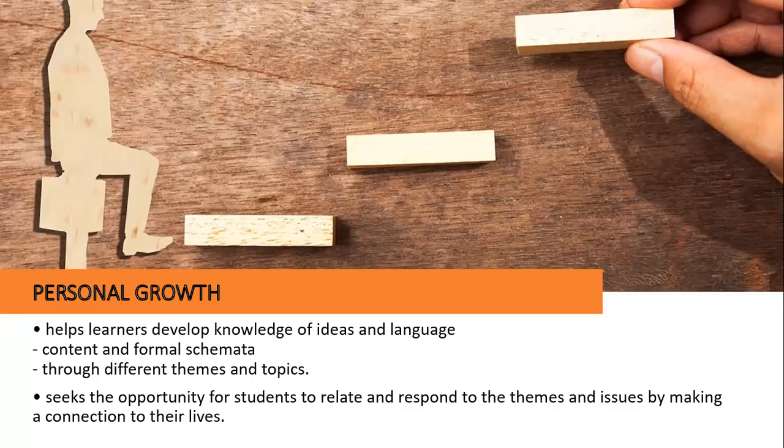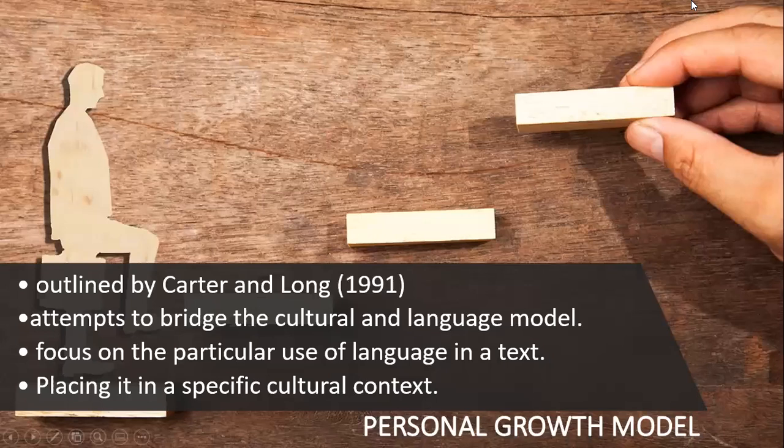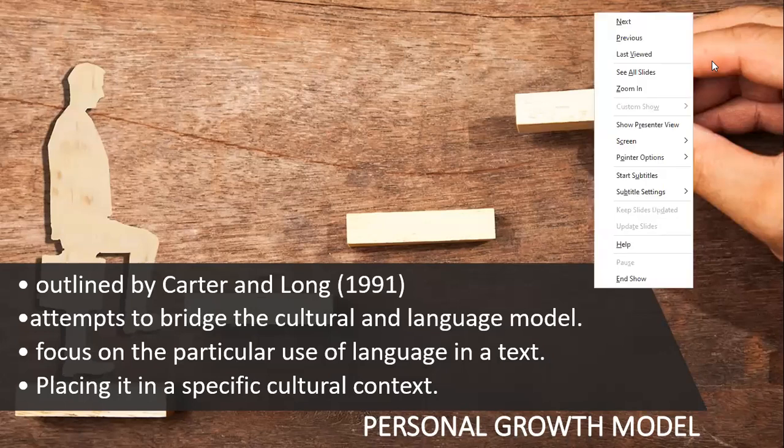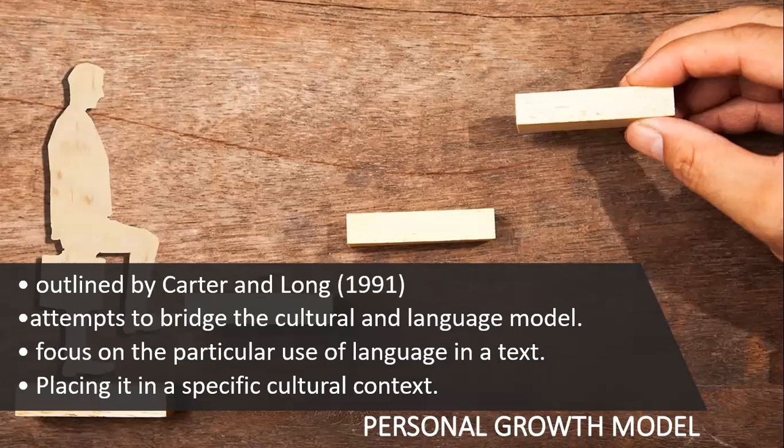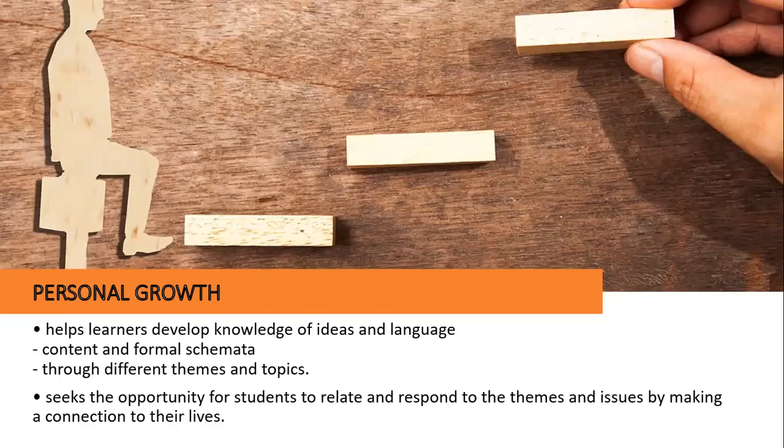You cannot help yourself understand a certain topic if you do not understand the language being used. So always remember that when we say personal growth model, we enable our students to bridge or connect the cultural model and the language model for the growth of the knowledge of a person. Okay, so let's continue.